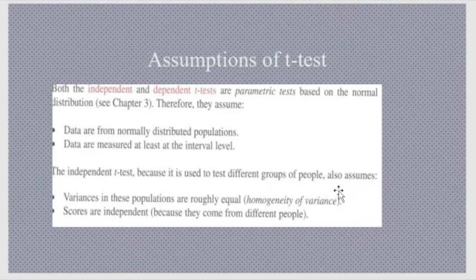The rule is that when you want to do analysis, first you have to go through all the graphs and everything, then check the assumptions of normality and homogeneity, and then decide whether you are going to use the t-test or non-parametric statistics. Today's class is about the t-test, so I will only focus on that, but it is required that you check the assumptions first.